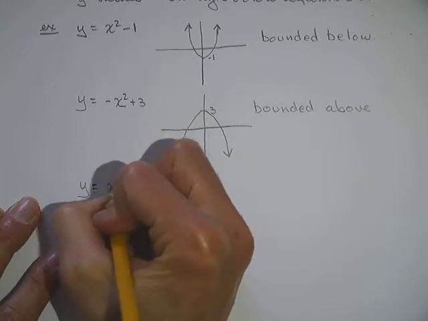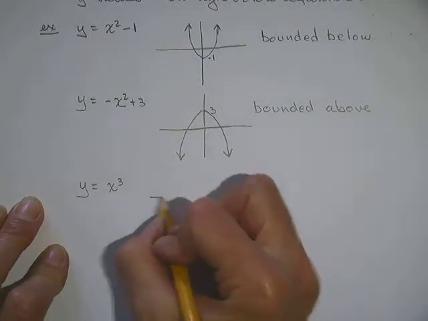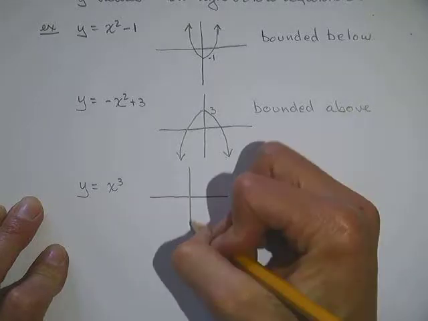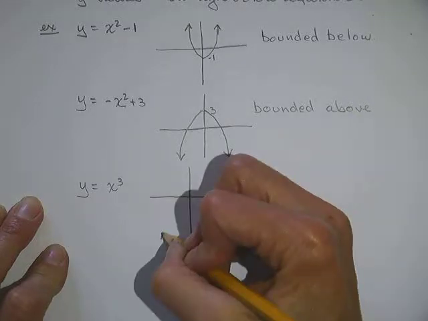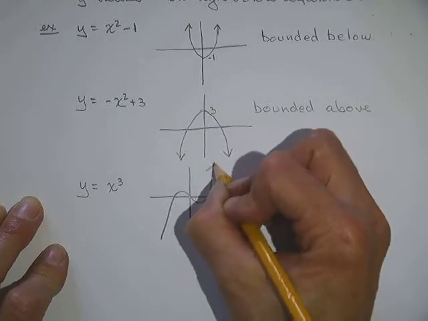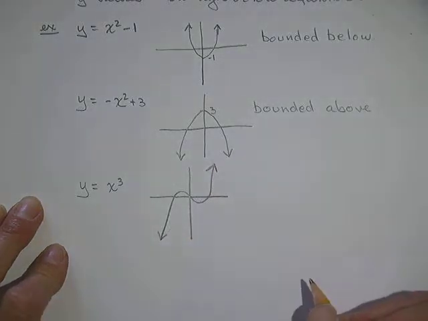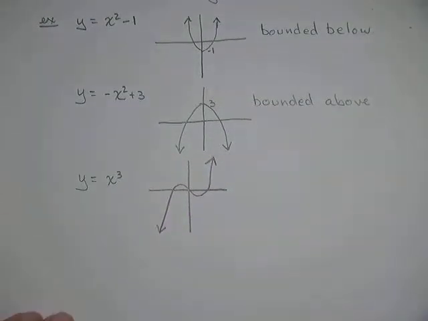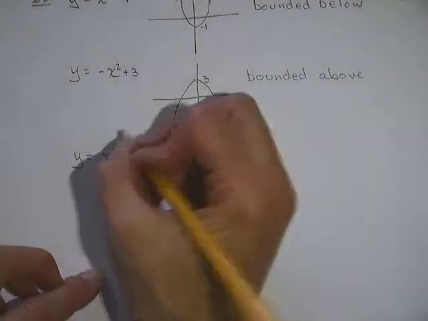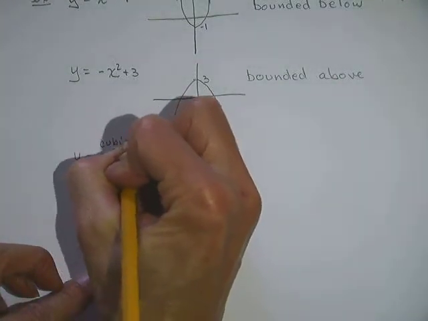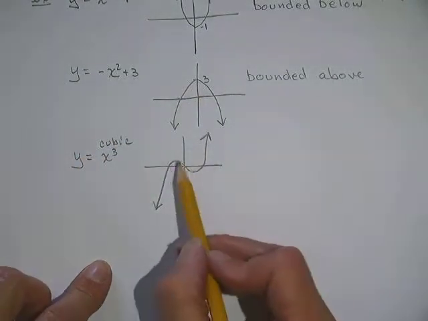Now, if I had y equals x cubed, let's say it goes like this. That's not exactly x cubed, but it's a cubic. In this case, do you see how there's a top right here and a bottom?